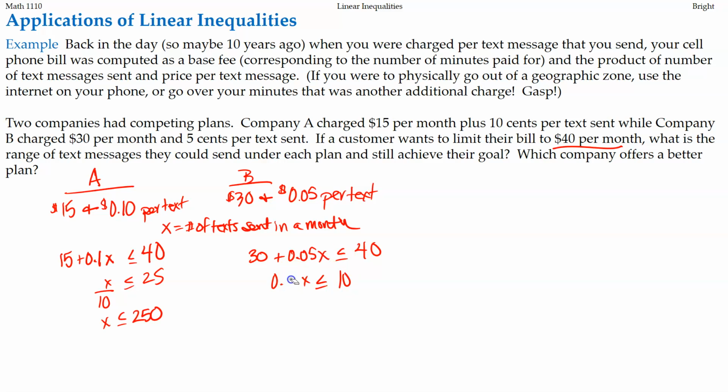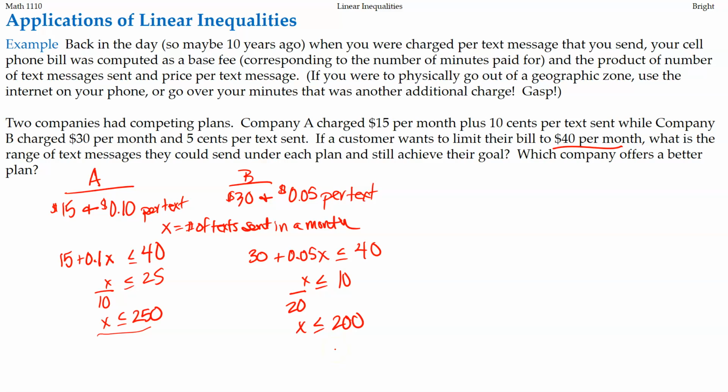If you didn't know this, 0.05, or 5 hundredths, is the same as 1 over 20. So then x is less than or equal to 200. We can interpret this in context: the number of text messages under plan A would be at most 250, versus plan B at most 200.